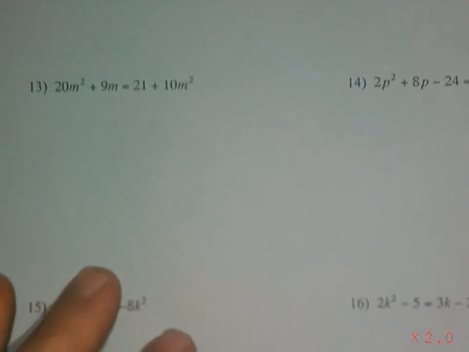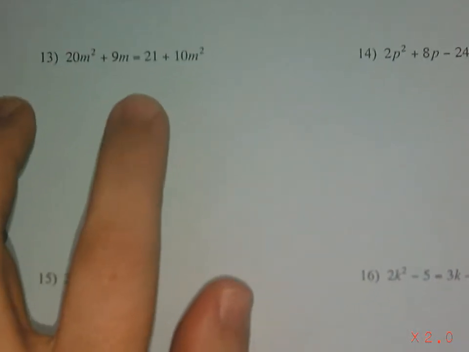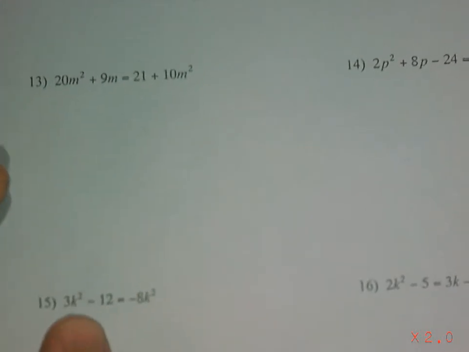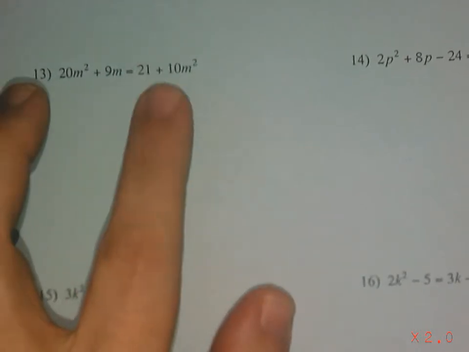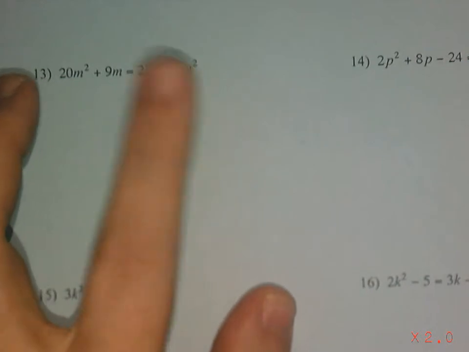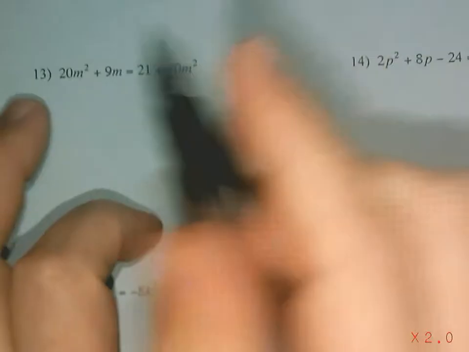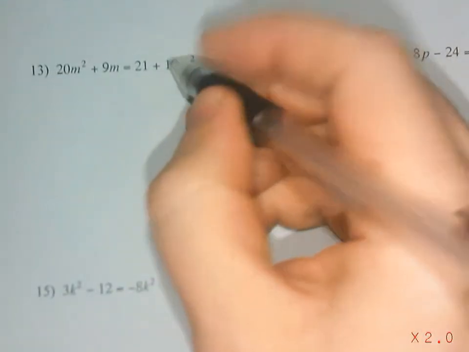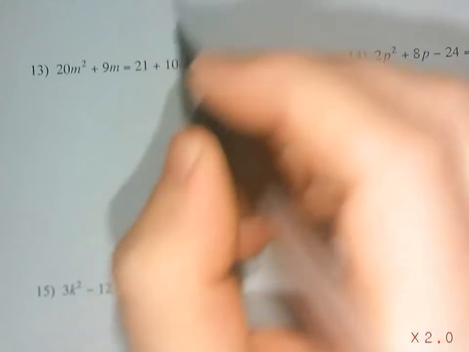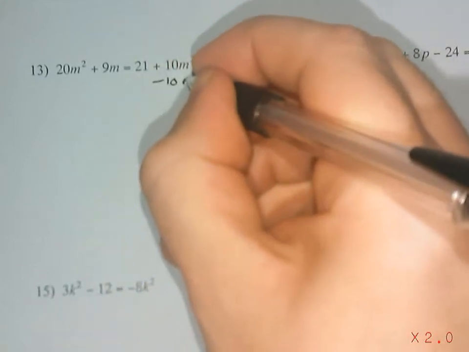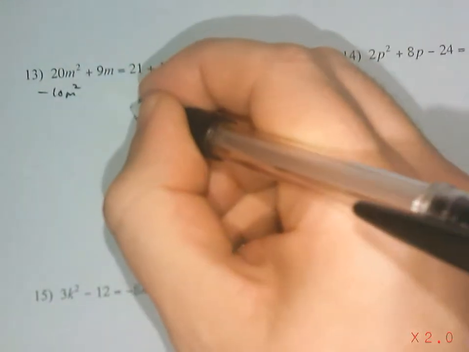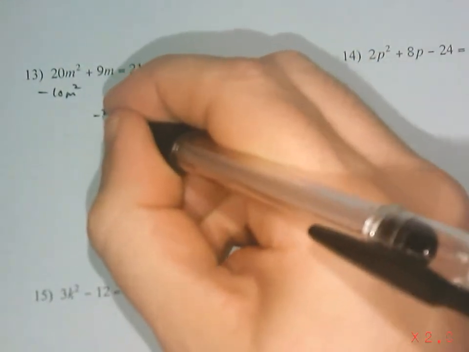Let's do one more. Let's do one of the bigger problems on the worksheet. So, looking at this problem, I've got to get one of these sides to 0. It doesn't matter which side I move to the other side, but I'm going to move this side over here. So let's move the 10m, so minus 10m squared to each side, and then I would minus the 21 as well.